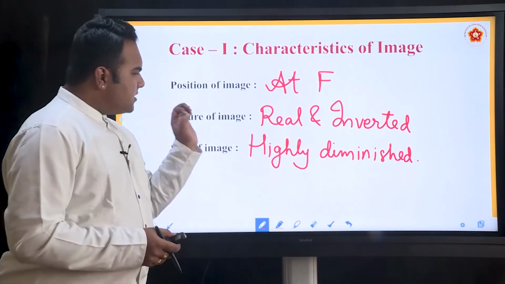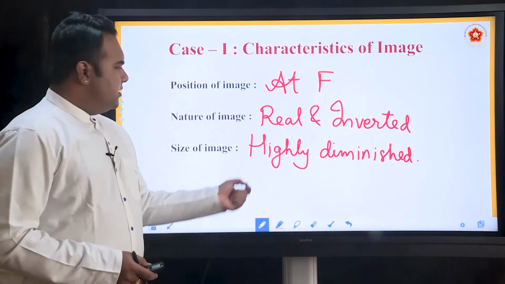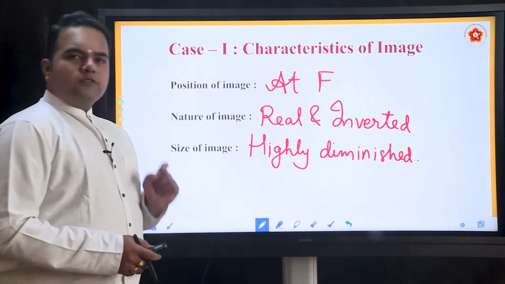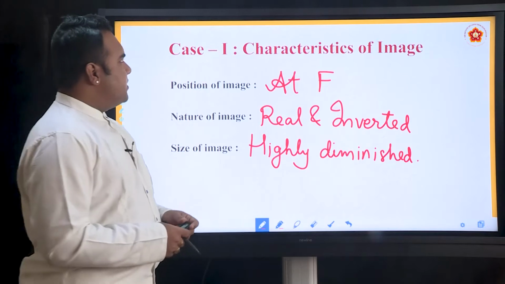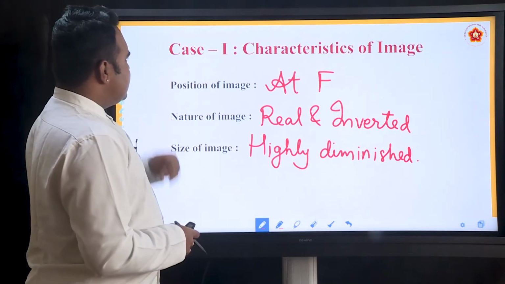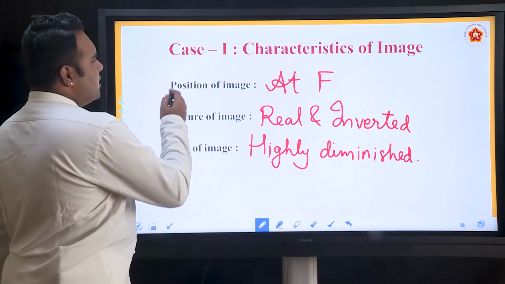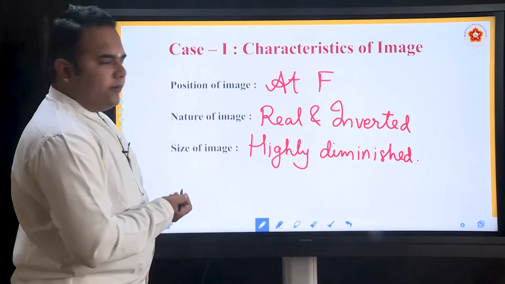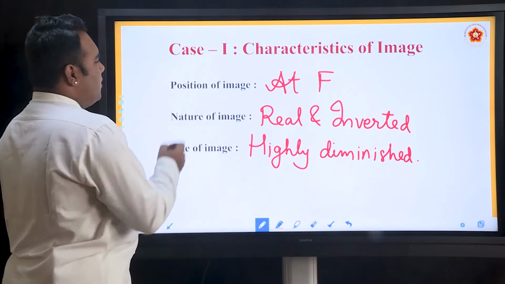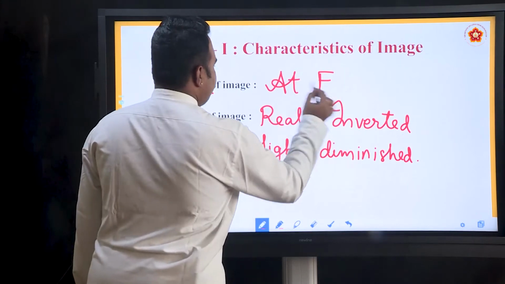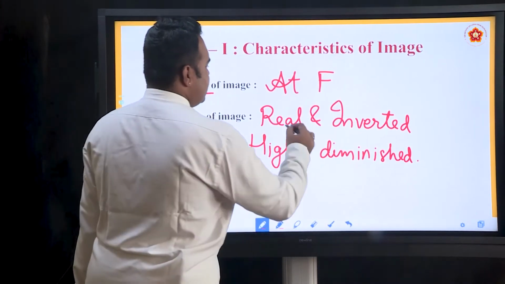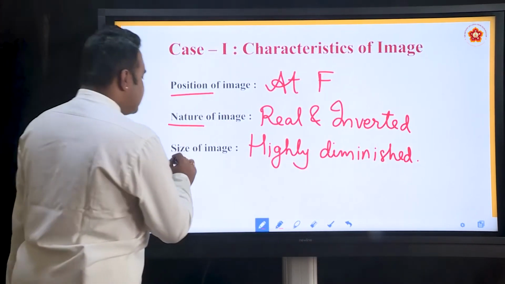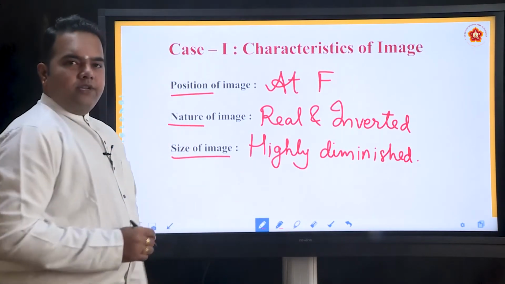Highly diminished means what? It is a highly point sized image. The image is very, very small compared to the dimension of the object. So, after seeing case 1, where is the object placed? The object is placed at infinity. The position of the image is at focus. The nature of the image is real and inverted. The size of the image is highly diminished.